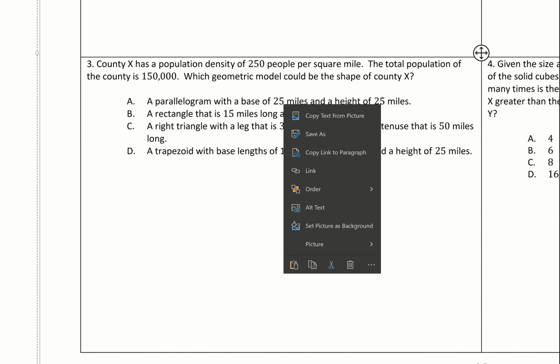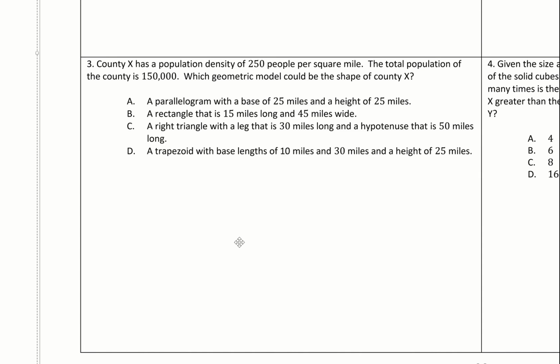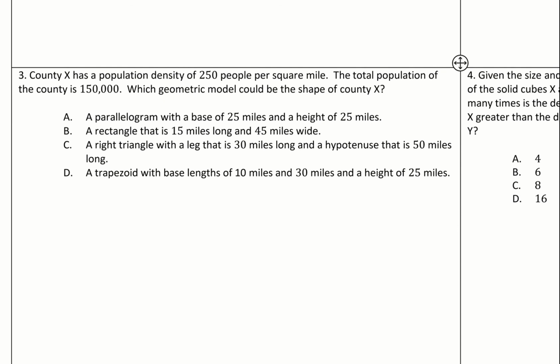Number 3. County X has a population density. If you ever want me to slow down, just pause the video. I just want to get through this quickly here. We have a population density of 250, so the density is 250. In this case, the density is the number of people, the population, divided by the area. That's the formula for density, because we're talking about square miles of land.